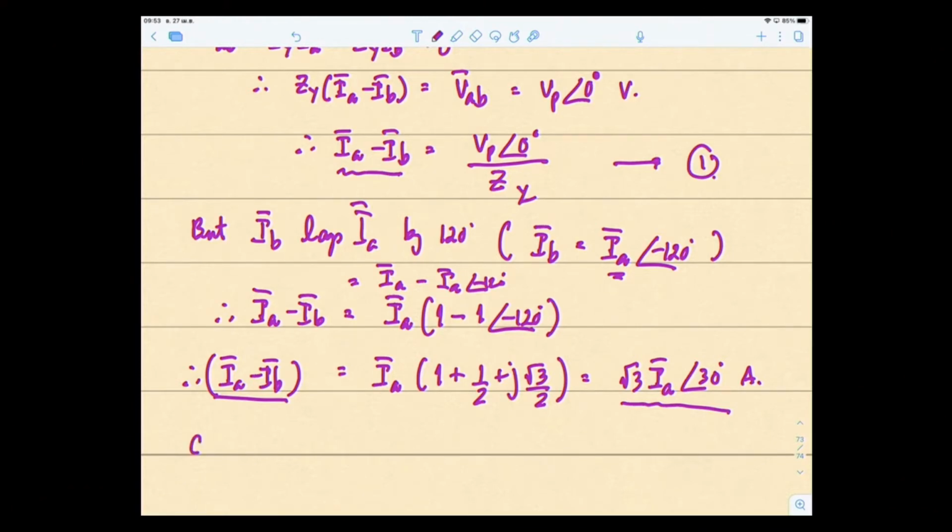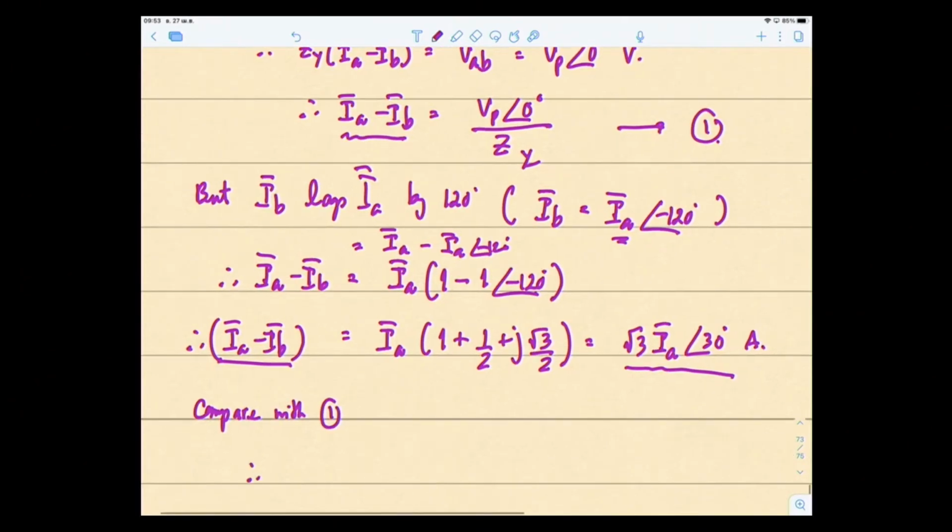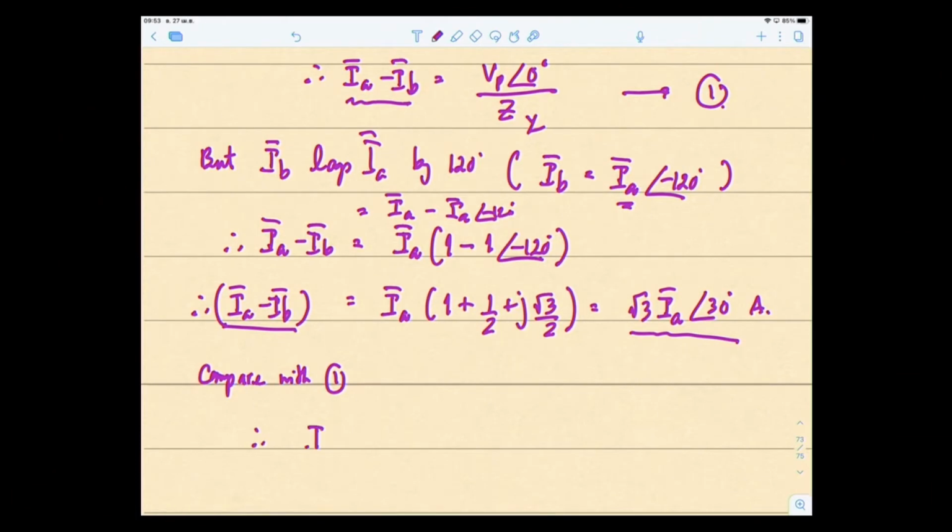Compare with equation 1. So therefore you will get root 3 IA angle 30 degrees equal to V phase angle 0 degrees over ZY.